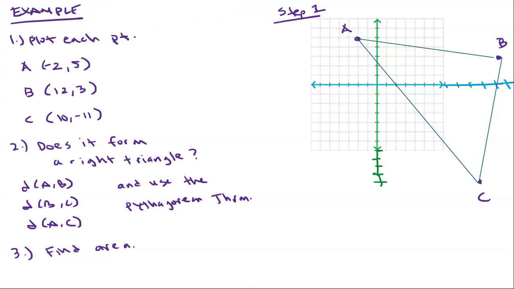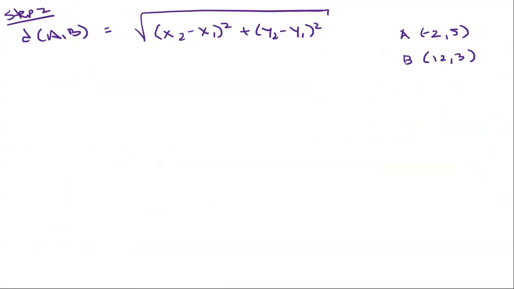So first, let's calculate the distance of each of these sides of the triangle. First, I'm going to calculate the distance between A and B. I'm going to label A as x1, y1 and B as x2, y2.